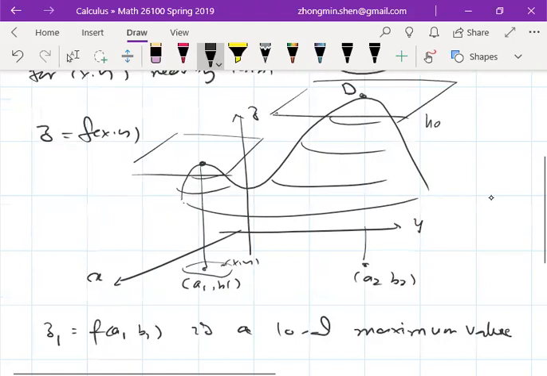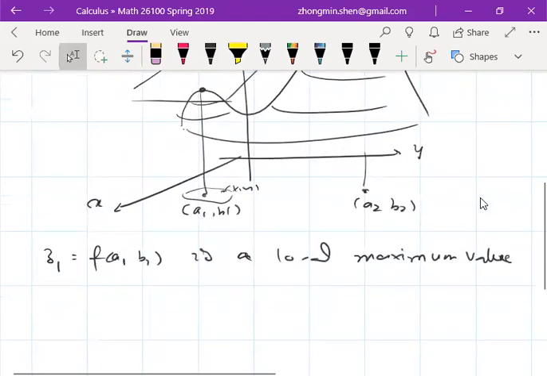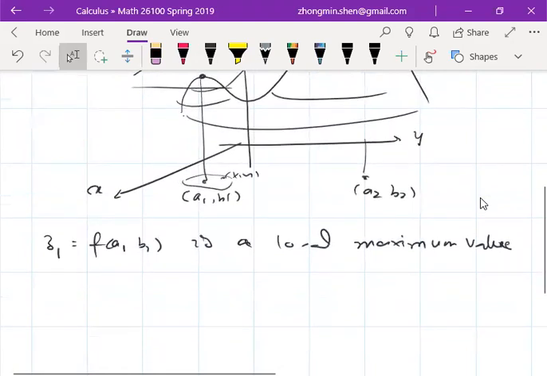So the tangent plane must be horizontal. Right? The tangent plane is horizontal. Okay. So yeah, this means the tangent plane is horizontal. Now, how do we see that? Why is the tangent plane horizontal?